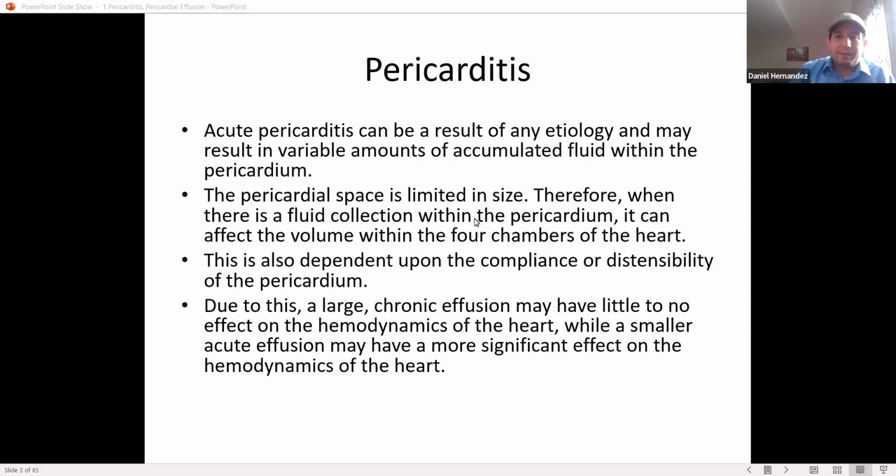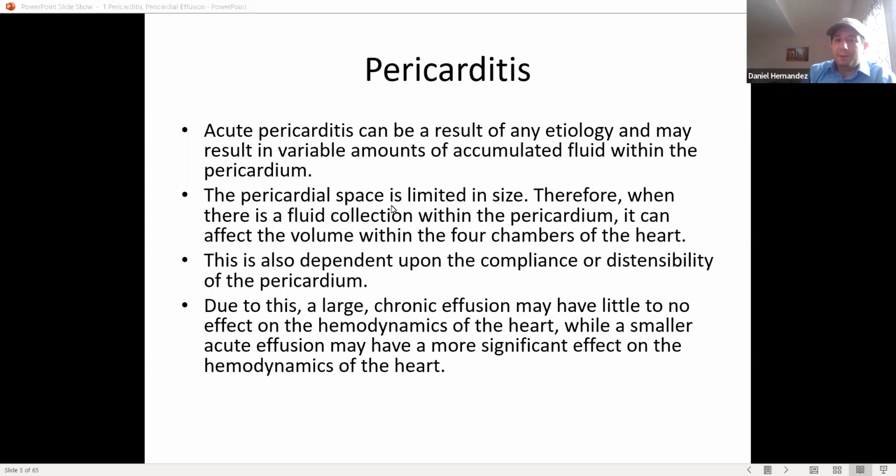So pericarditis, that inflammation of the pericardium. So acute pericarditis can be a result of any of those aforementioned etiologies, and may result in variable amounts of accumulated fluid within the pericardium. The pericardial space is limited in size.